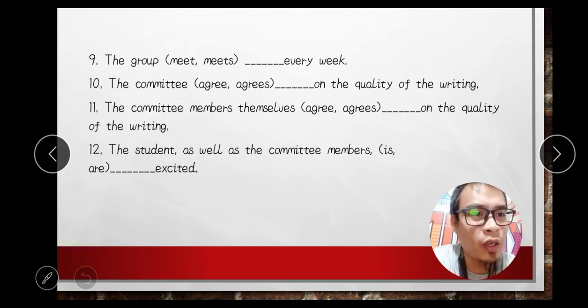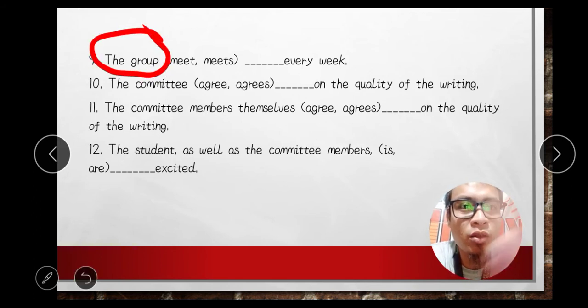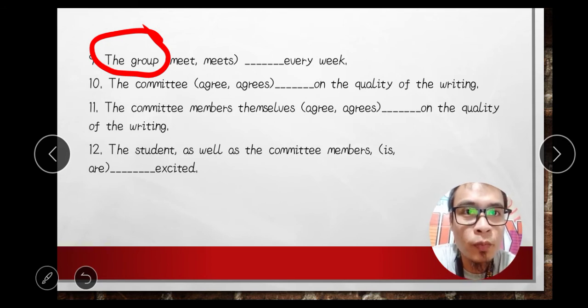Number 9. Again, you can pause this video to take your time to answer. The group. In here, the subject group is a collective noun. The rule says that whenever we have a collective noun which acts as a group or one unit, it needs a singular verb. So therefore, the group is singular.